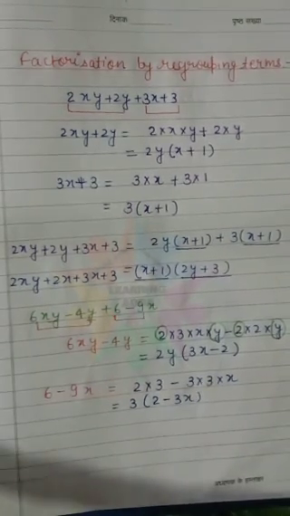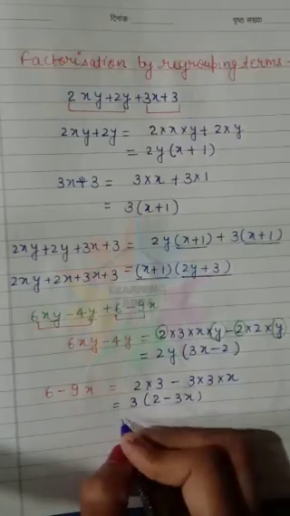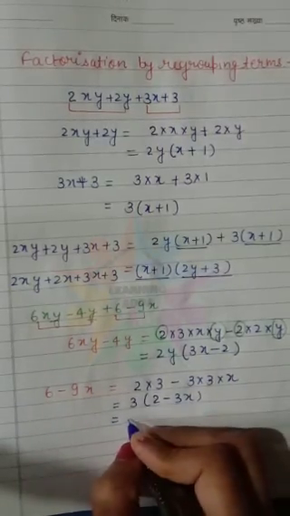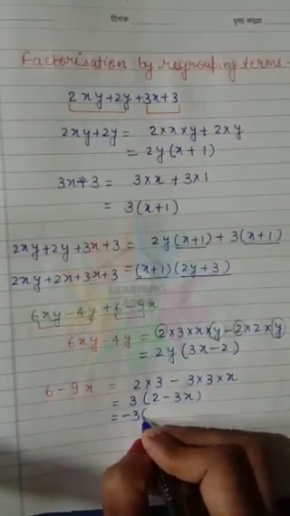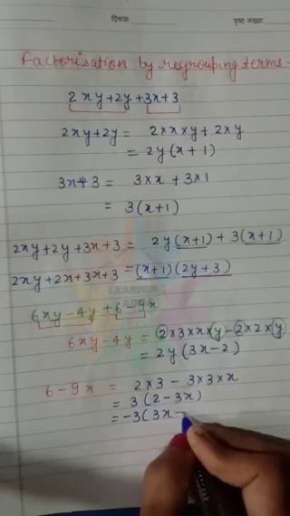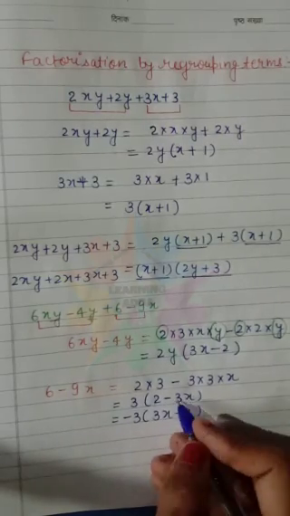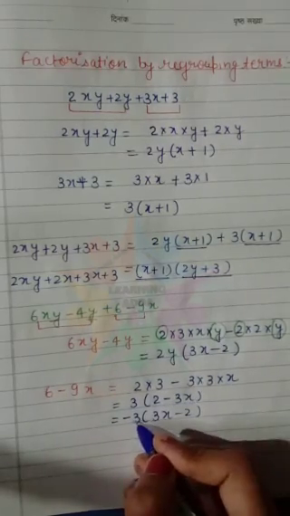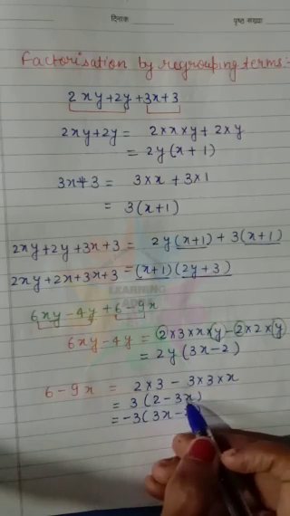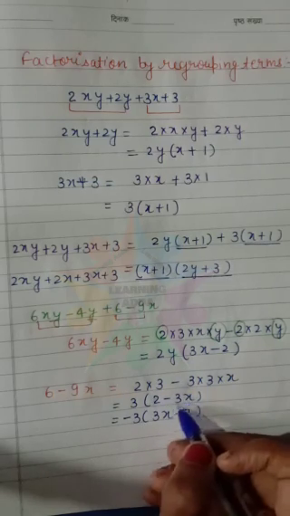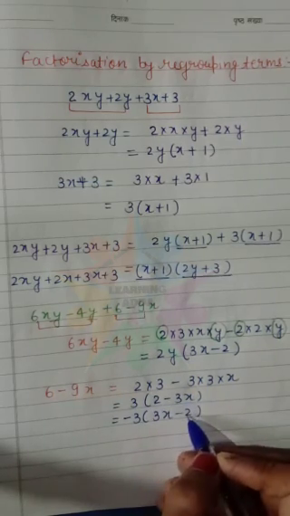If we take common minus 3 in both terms, then we get 3x minus 2. Here, taking minus 3 common from minus 3x makes it positive, and 2 will be negative.